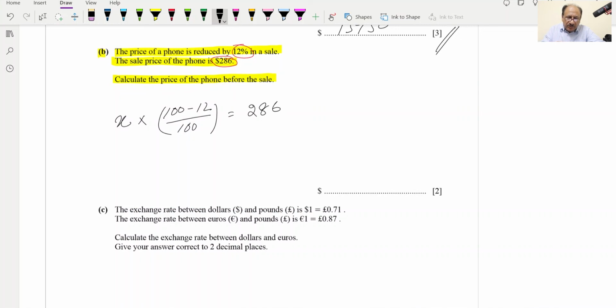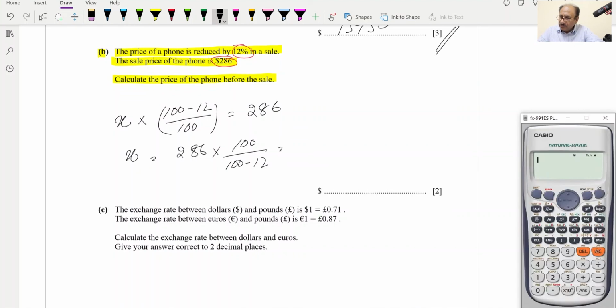Now we transfer this term to the other side, so x will be equal to 286 multiplied by the reciprocal, the denominator becoming the numerator. The rest is simplification with the calculator.